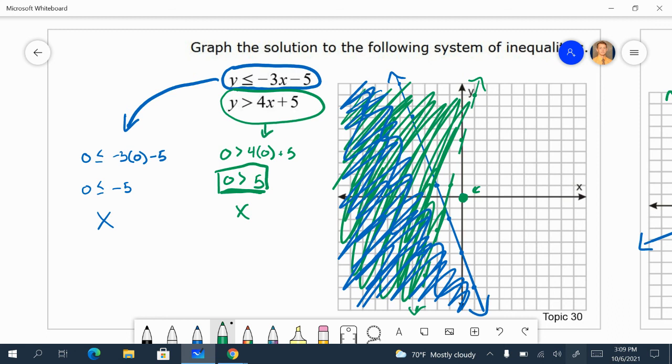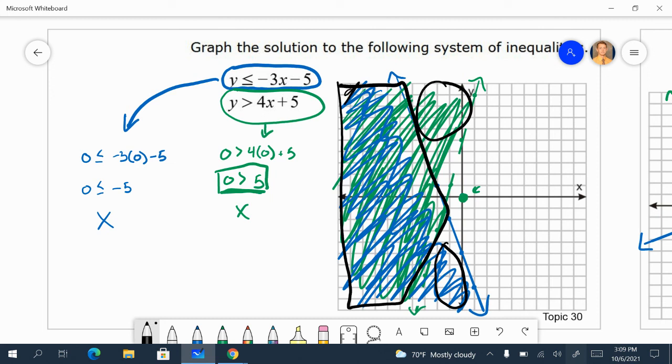Now it's kind of messy. I don't know if you can tell, but where are there more than one part shaded? Well, everything in here is just blue, and everything in there is green. This is the piece where it's multi-shaded.